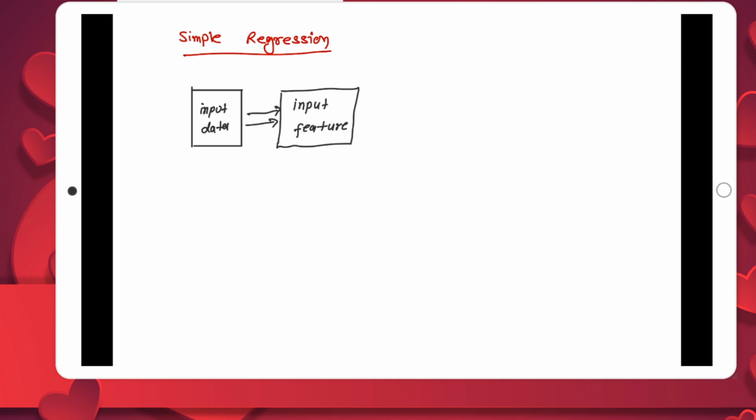All right. And once you have the input features, then we have here ML code. All right. So now you have ML code. With this ML code, you have a final output that you can say is y hat here.